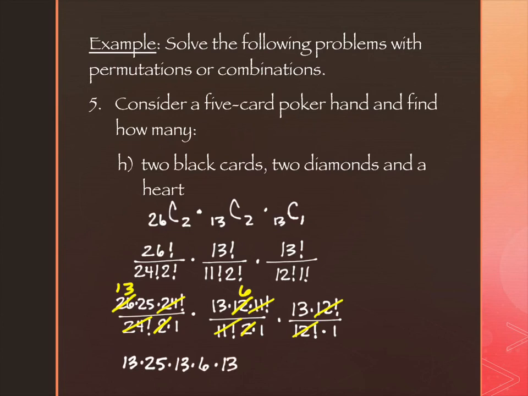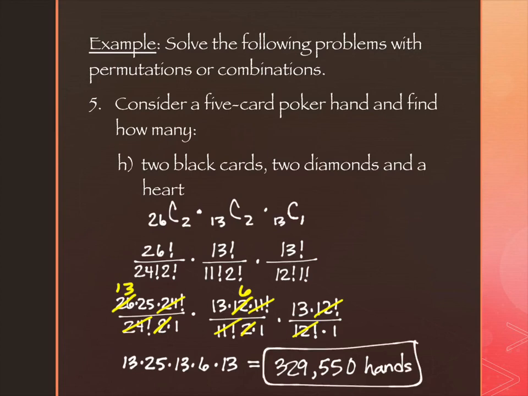Did I get them all? Yes, I think so. And how many hands would that give me? 329,500. Yes, a lot, which is why it's not a very good hand, right? There's lots of them that look something like this.